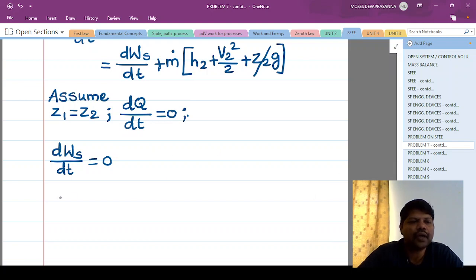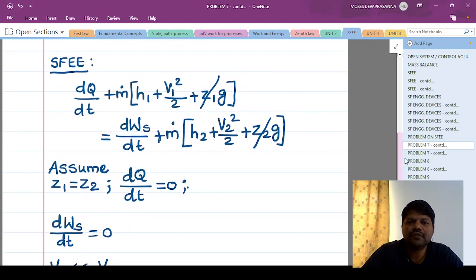And the third point to be noted here, as given in the question, the value of V2 is very small when compared to the value of V1. So I can neglect V2. dq by dt is assumed to be 0, and similarly dws by dt is also equal to 0.